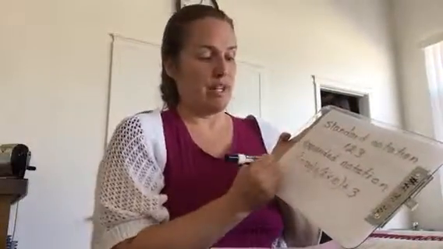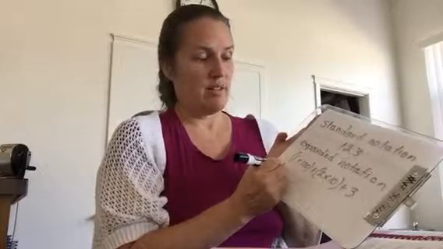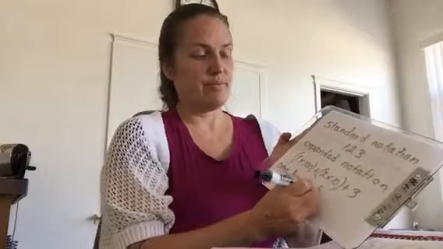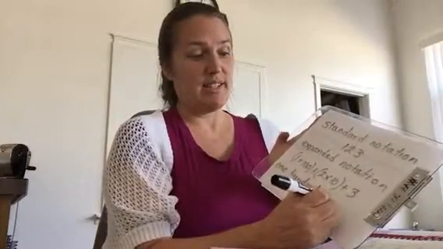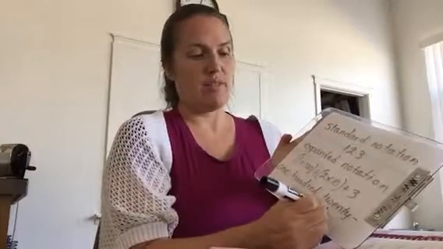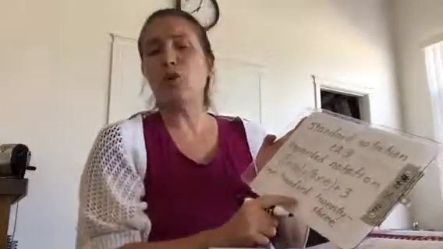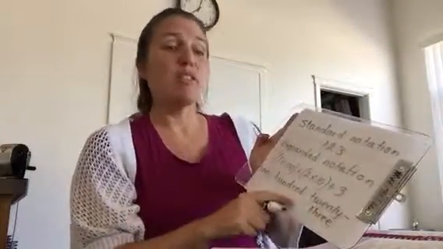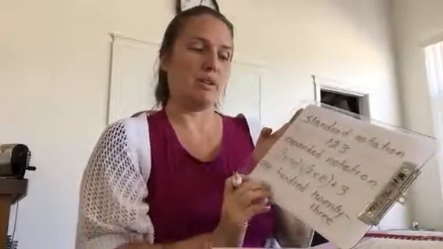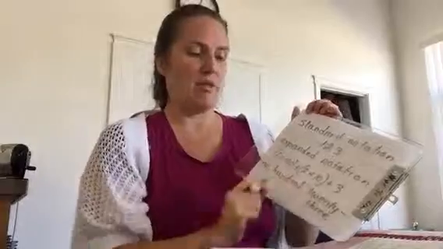So this would be written 120-3. Notice there's no word and in there. In math, the word and means put a decimal there, and you can see there is no decimal in this number. So we're not going to have the word and in our written number.